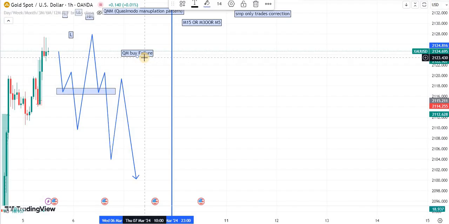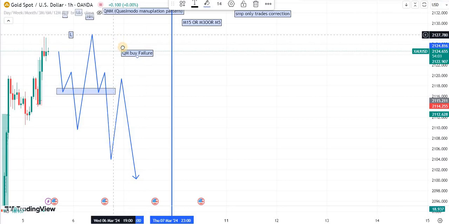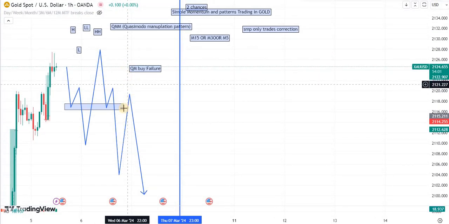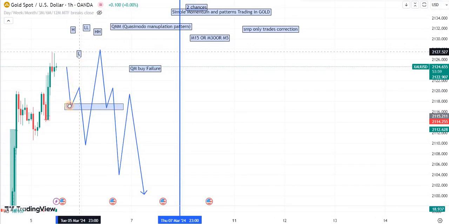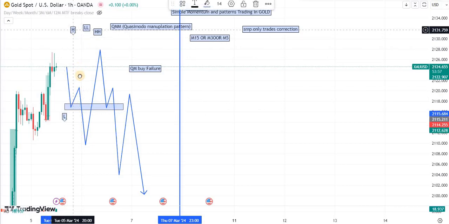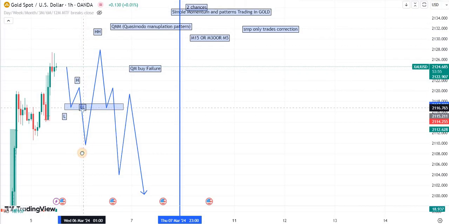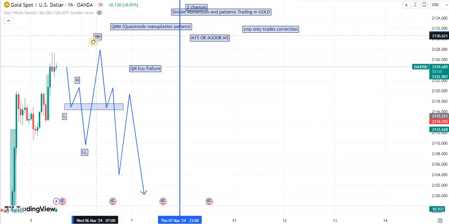Absolutely, both ways. So how is the structure mainly? This was a low, this was a high, this is again low, low, and this is high, high.